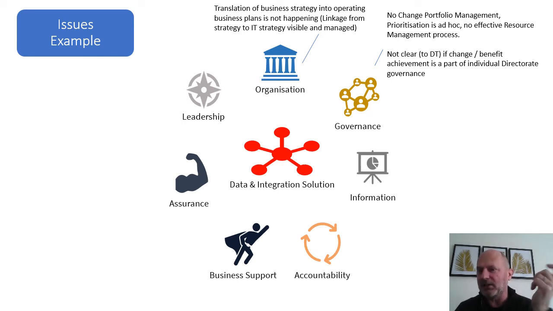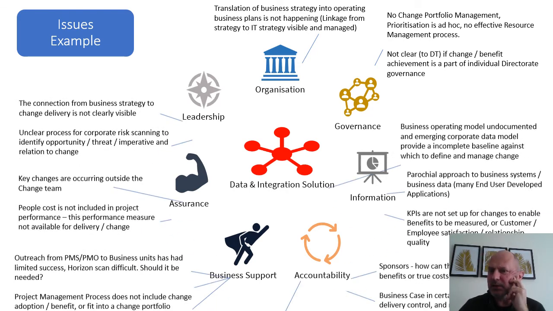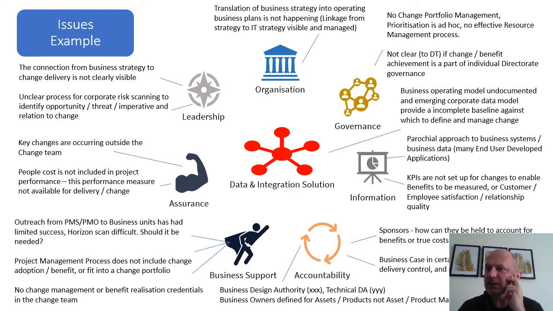It wasn't clear to us if change and benefit management was actually part of each directorate's leadership and management oversight activity. These weren't good things that we found. And we found similar points in all these other areas, which are potentially painful to some individuals, but we have to get a clear understanding as to where we are before we can push on and make improvement.